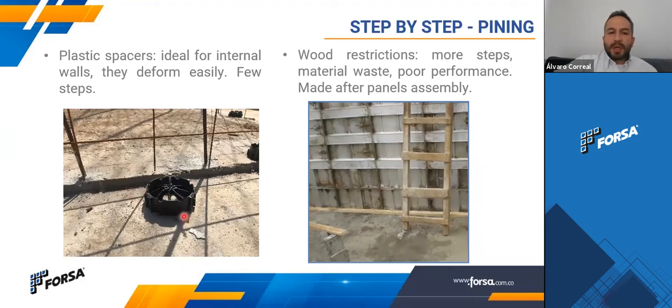The only thing that we have found about this is that they can get deformed by the forms. So if you don't do it in the right way, you can reduce the space. Anyway, they work kind of good. And these wood restrictions, we don't recommend that, but it's something that some of our clients do, so we have to show it, but it's not the best option.